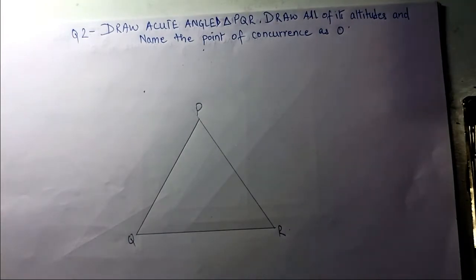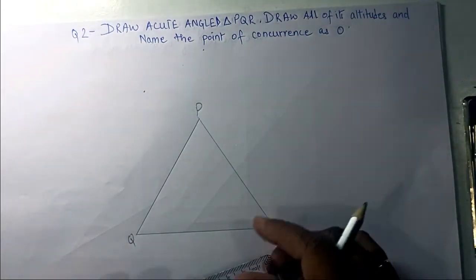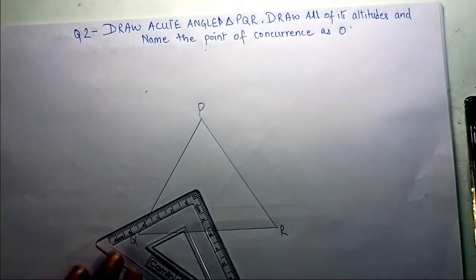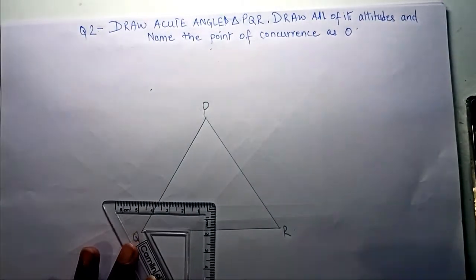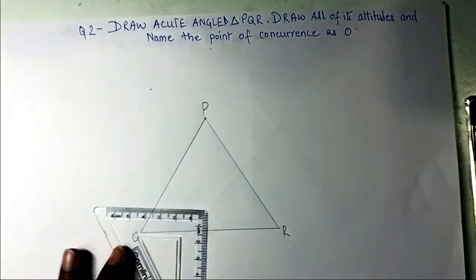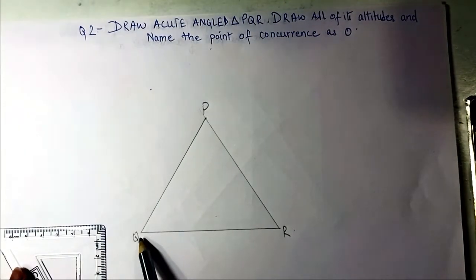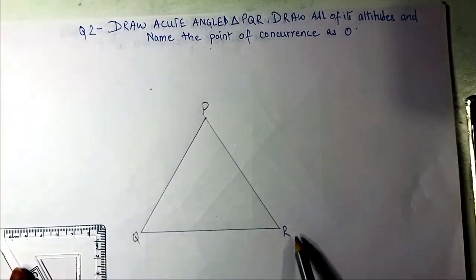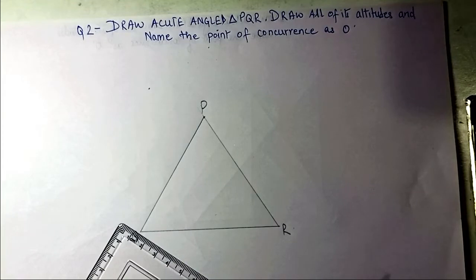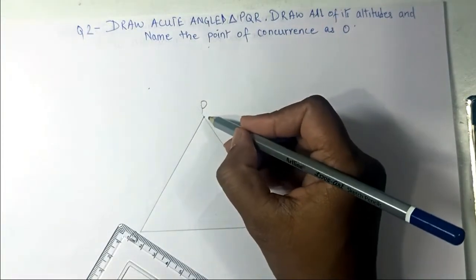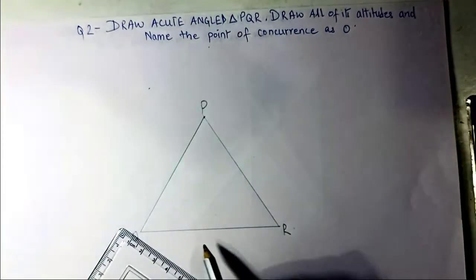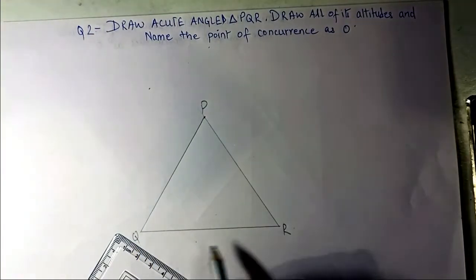Now we have to draw the altitudes. Okay. Now we will draw an altitude from the vertex P, and the opposite side is QR. So we have to draw a perpendicular from vertex P to the opposite side QR.